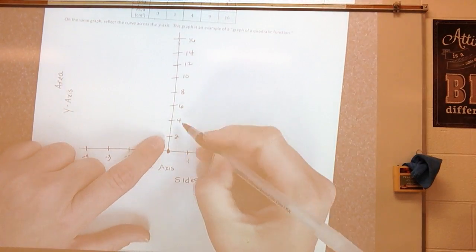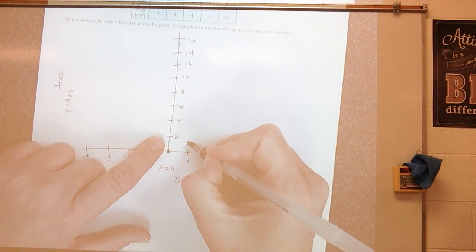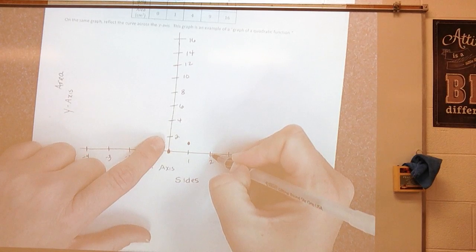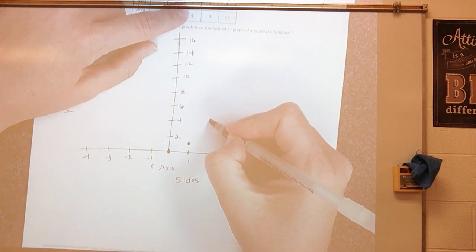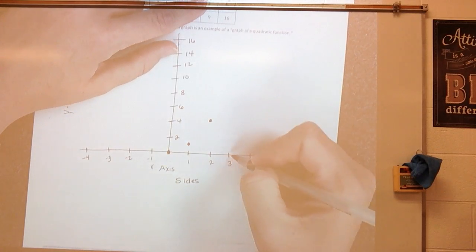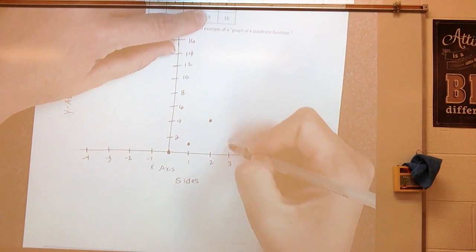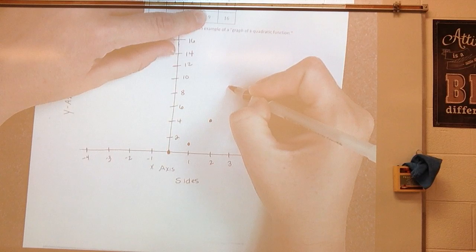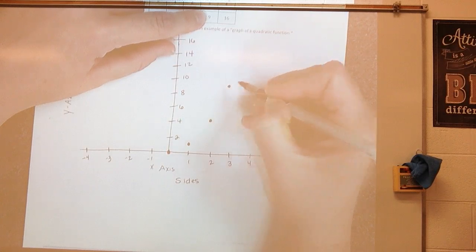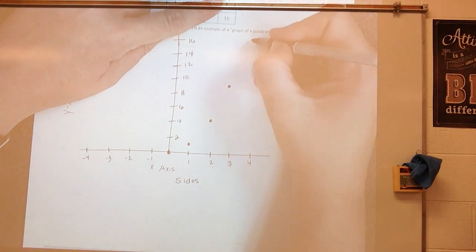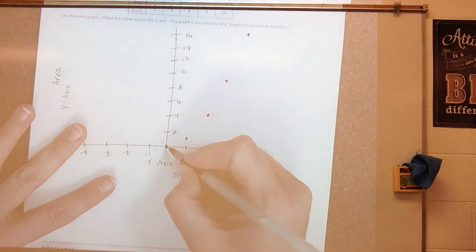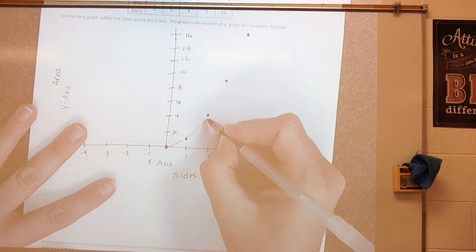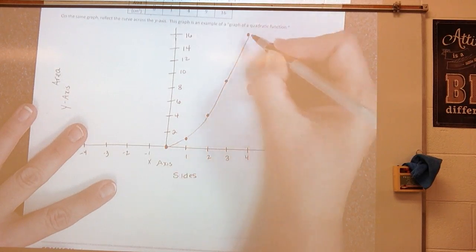If it has 1, it has an area of 1. If it has 2 sides, it has an area of 4. And all I'm doing right now is reading that graph. If it has 3 sides, it has an area of 9. I'm sorry, I'm reading the chart, not the graph. 4 has an area of 16. And look at this.